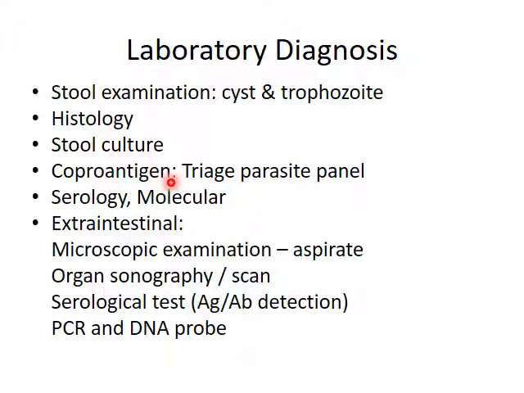There is a commercially available immunochromatographic test, the triage parasite panel, which simultaneously detects 3 parasitic antigens in the stool: Giardia, Entamoeba histolytica and Cryptosporidium. There are serology as well as molecular methods available also for the diagnosis of Entamoeba histolytica.